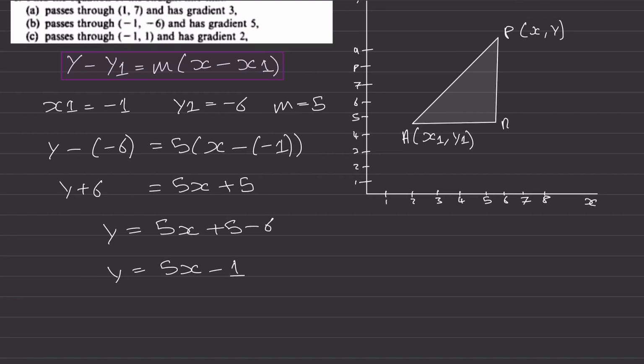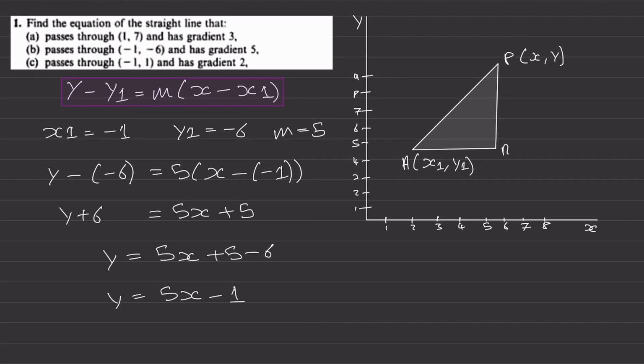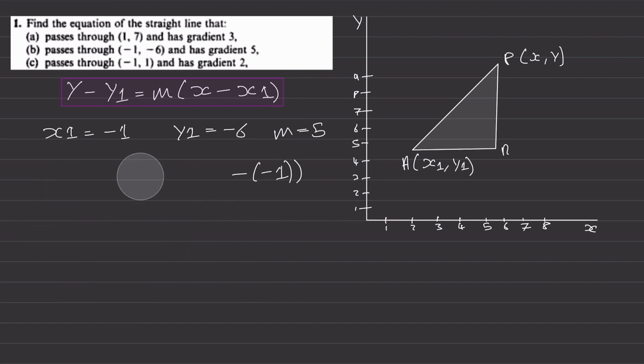Now let's do question C. For question C, we've got a line that passes through (-1, 1) and has gradient 2. If we plug in those values again, let's label everything.